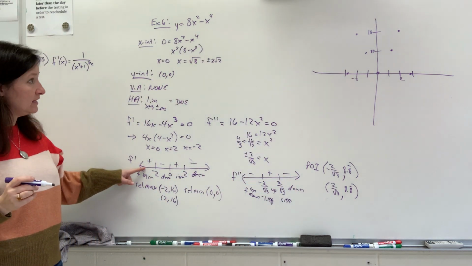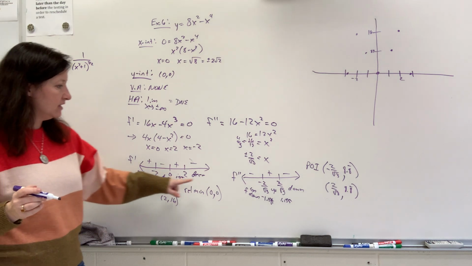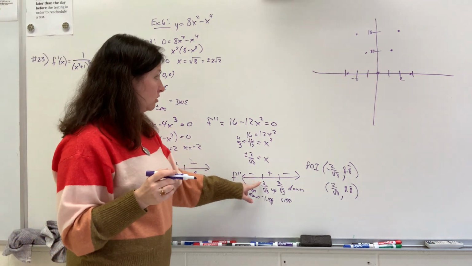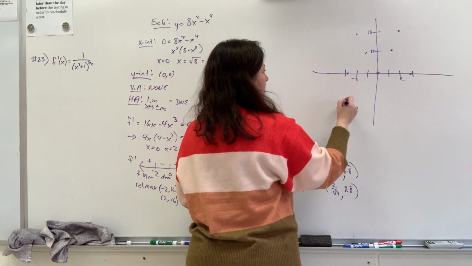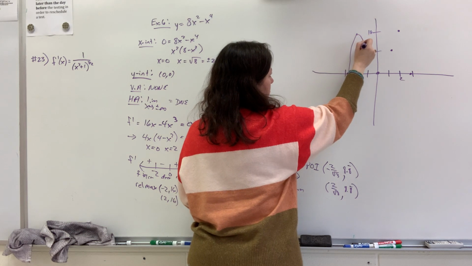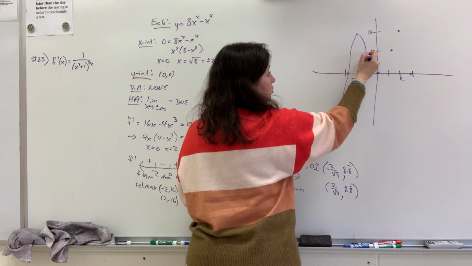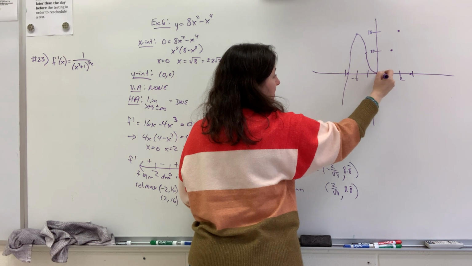Okay, so let's draw this graph. We're increasing until negative 2, where we get to a max, then we decrease. We should be concave down until negative 1.15 and then concave up. So we go through our x-intercept. So we're concave down and increasing. We're still concave down right here. We switch to concave up, still decreasing. There's my minimum.